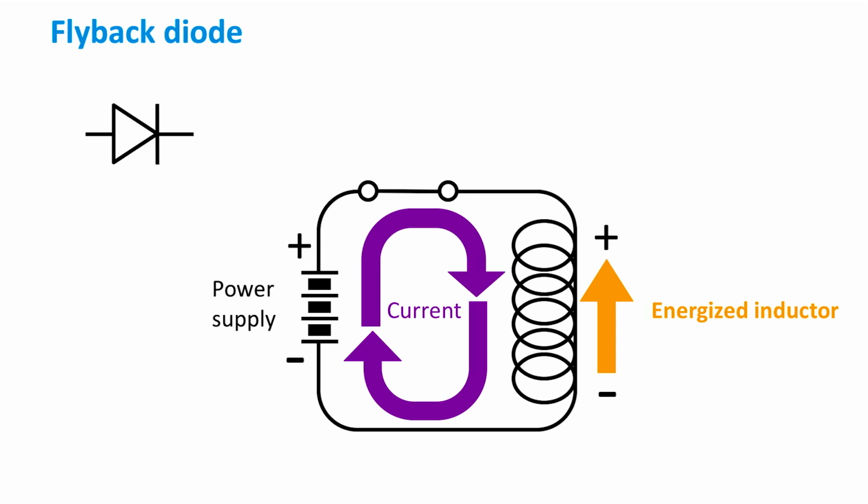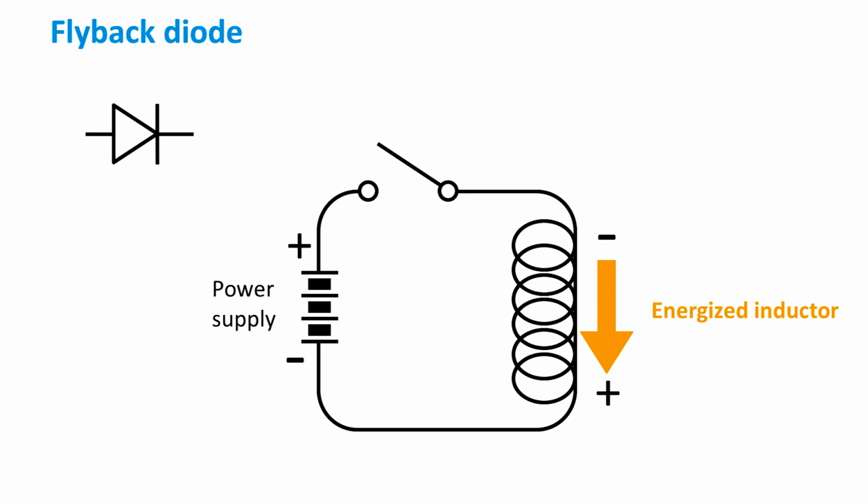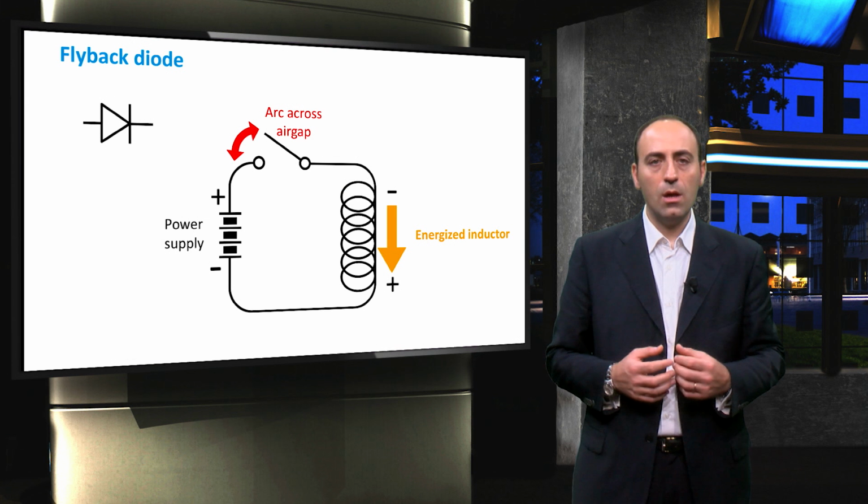However, at the moment that we open the switch, the inductor will attempt to resist the sudden drop of current by using its stored magnetic field energy to create its own voltage. Hence, an extremely large negative potential is created across the inductor, and the voltage at the switch becomes the sum of the voltage of the power supply and the voltage of the inductor, generating a very large potential difference that can cause electrons to arc across the air gap of the open switch.